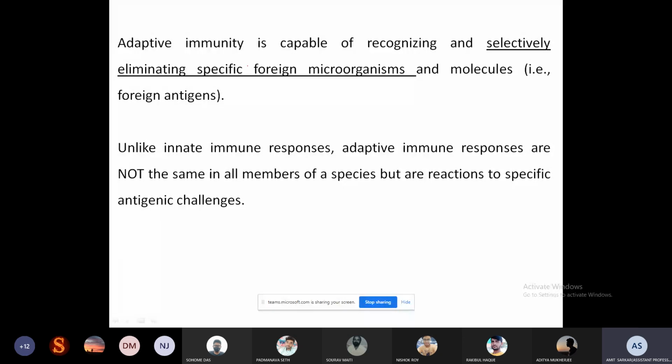As I was saying before, we are all human beings, Indian, Bangladeshi, American, English, Australian, no matter, we all have the same innate immunity. But you, Donald Trump, all of us have different adaptive immune responses, based on where we were born, how we were born, whether in a slum or in a village or in a city, and what types of microorganisms we have been exposed to so far in our life.